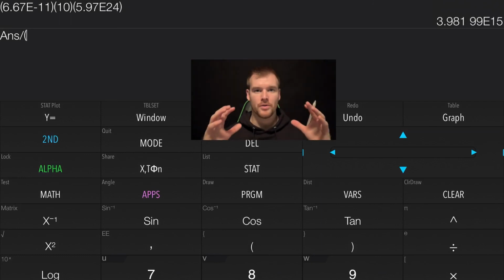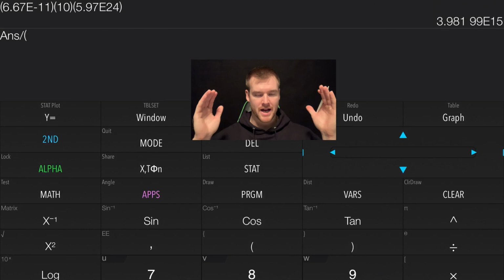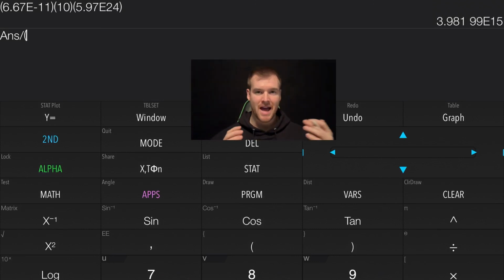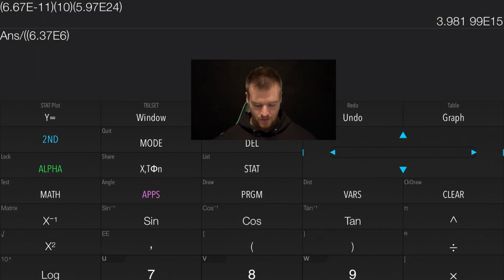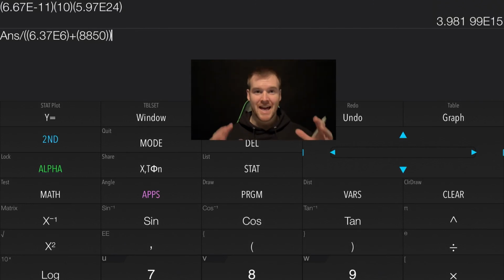So I need that whole number to be squared, so outside of brackets, but then I want to keep my two numbers that I'm adding with brackets on the inside. So I'm going to hit bracket twice and put 6.37 times 10 to the 6. That's the equatorial radius. Close that bracket. I'm going to add 8,850. And now I'm going to put end bracket saying that whole sum is going to be squared.